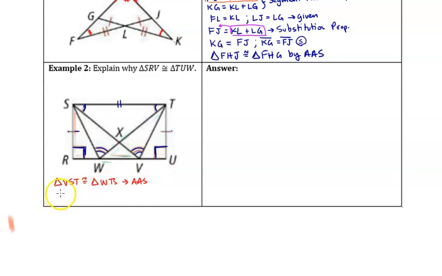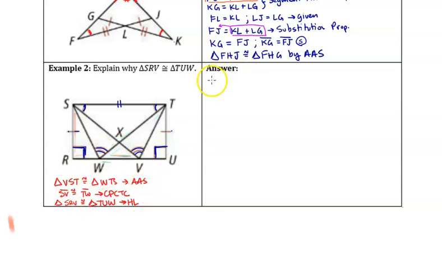Then I'm going to say that means that segment SV is congruent to segment TW by CPCTC, which will let me finally say that triangle SRV is congruent to triangle TUW by HL. But I've got some information to fill in. This is kind of like my outline, my general game plan for what I'm going to do. So let's take a look at how we're going to fill in some of the details about why these things are true.